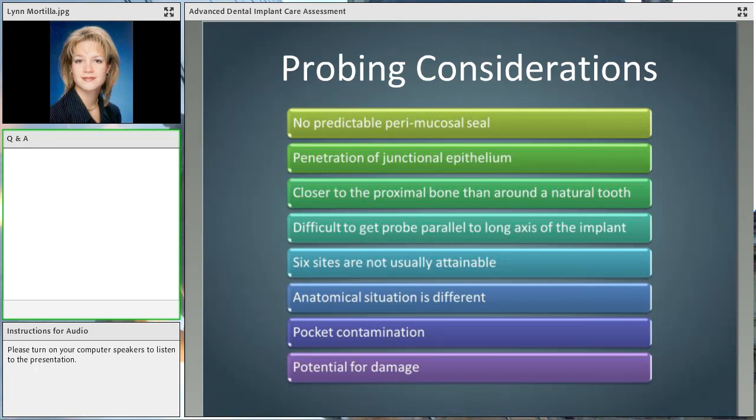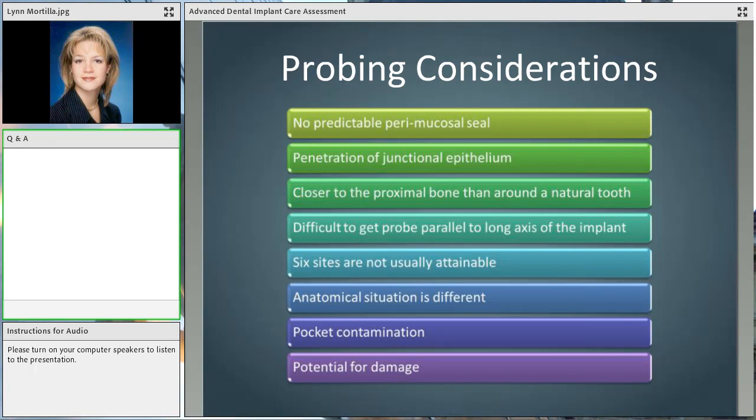Why do we have to probe gently? Well, we also know that this seal, this soft tissue, isn't very predictable. And we know that if there are periodontal pathogens or gingivitis pathogens in there, we can have some breakdown of these tissues. We also know that we can penetrate this junctional epithelium.